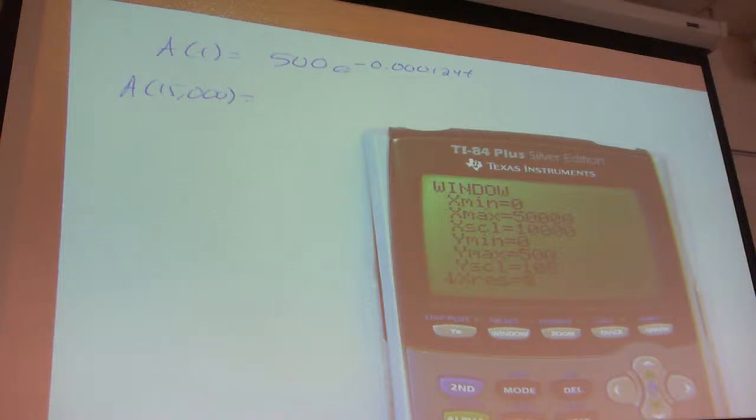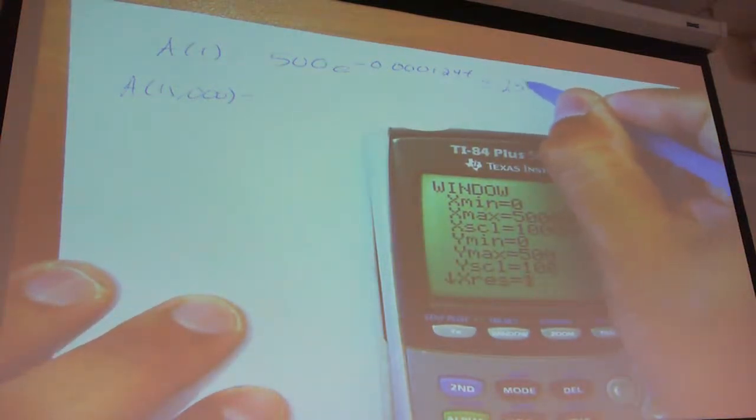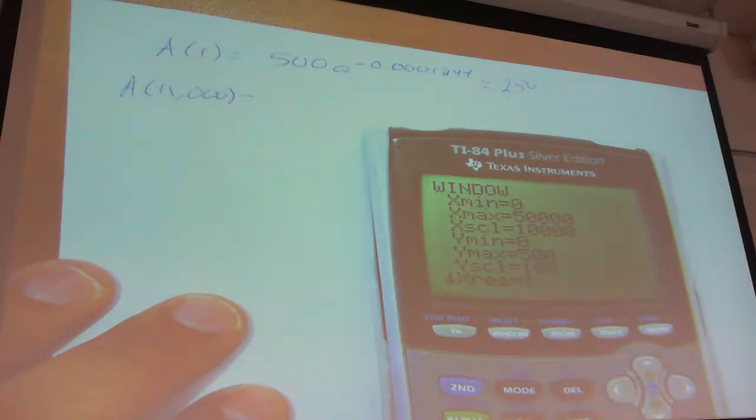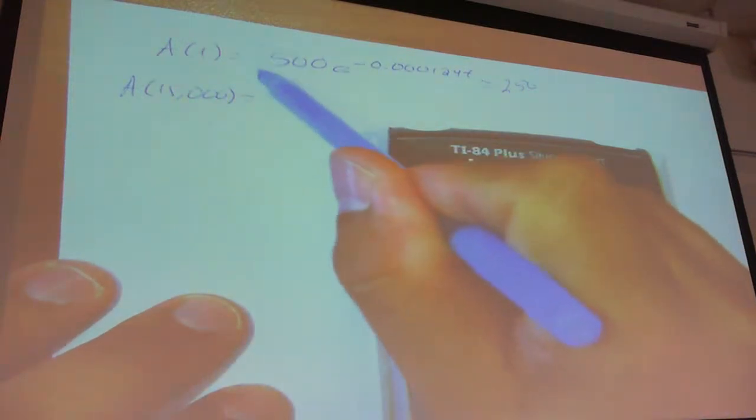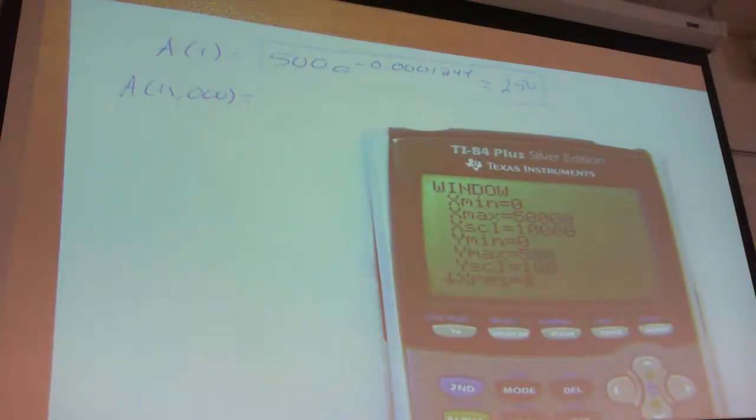And my question is going to be, when is this equal to 250? So the initial amount is 500, half-life is 250. When is this equal to 250? When is the equation equal? Not inputting 250. When is it equal to 250?